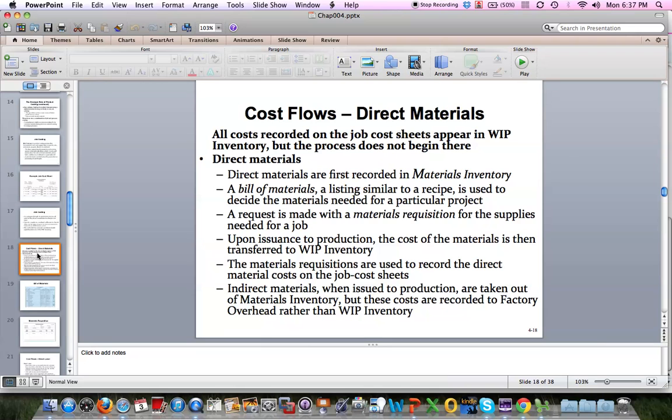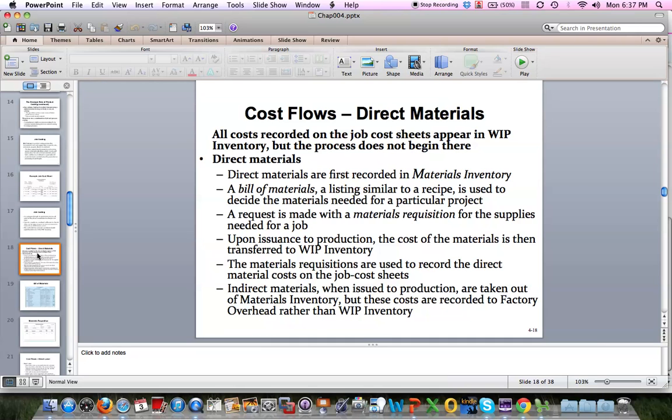Okay. So what we need to do then is somebody needs to requisition the materials, and that's what you see in the top of page 101. You can see a job number, you can see the department, you can see who authorized this materials requisition, the date, who it was received by, who it was issued by, and then you can see the item number.